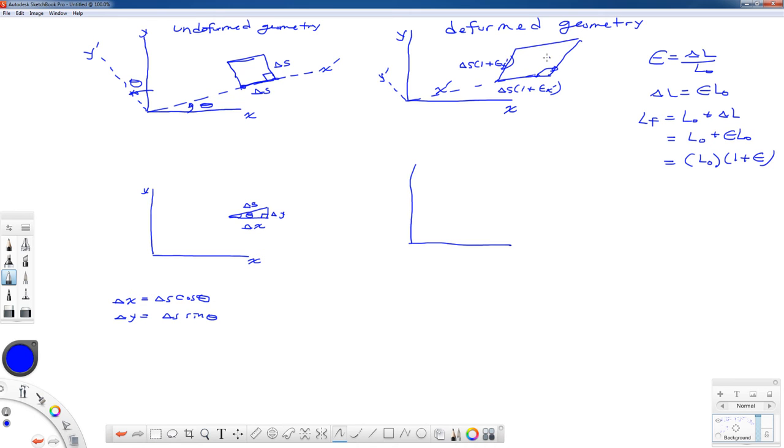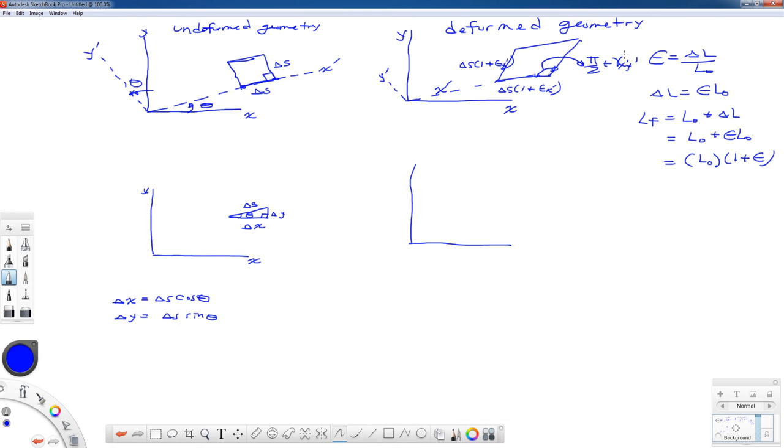It expands. The change in angle from pi over 2 radians or 90 degrees is the shearing strain. So at this corner, this new angle right here is pi over 2 plus gamma x prime y prime. So these are the new side lengths in terms of the undeformed geometry in the x prime y prime coordinate system.